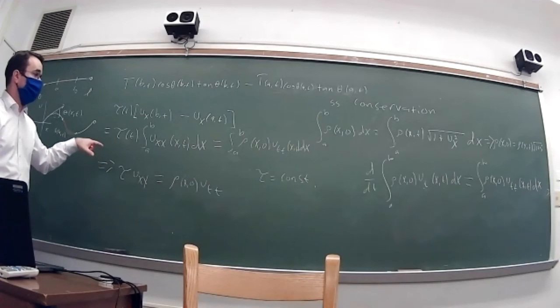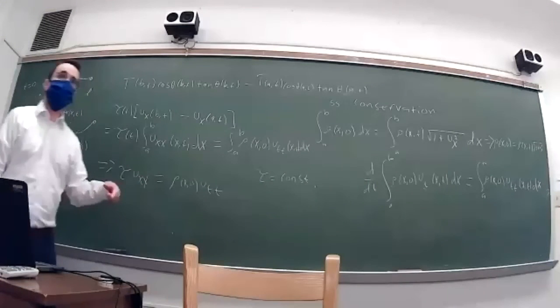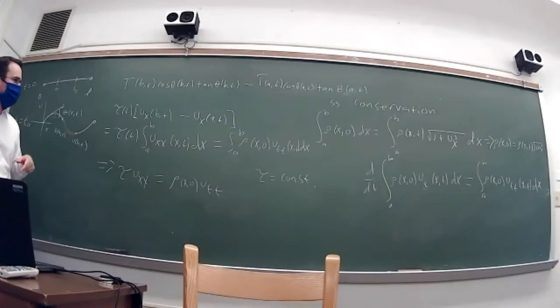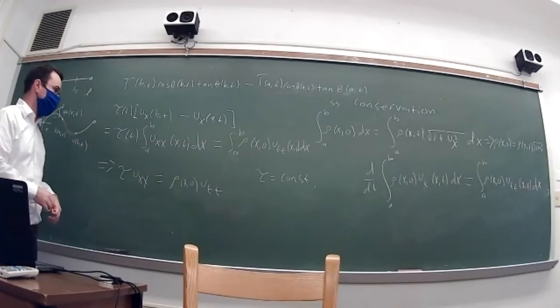This model describes the situation when tau is equal to a constant. And it's quite reasonable. That's like saying the tension on your guitar string isn't changing while it's being plucked. So it's a reasonable assumption.